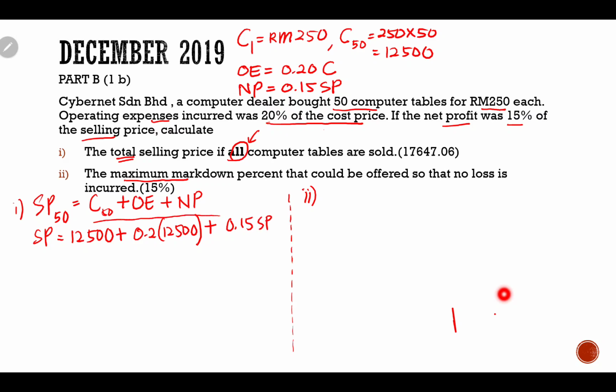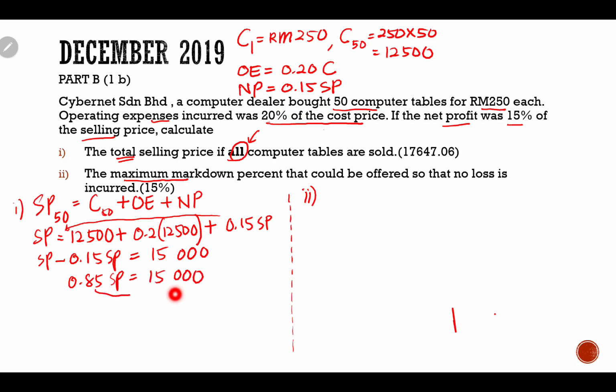To solve for the selling price, you may bring it to the left-hand side. So selling price minus 0.15 of the selling price equals 15,000. Then we have 1 minus 0.15, so 0.85 of the selling price equals 15,000.